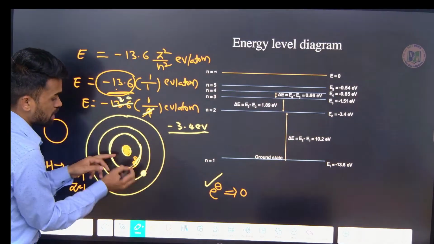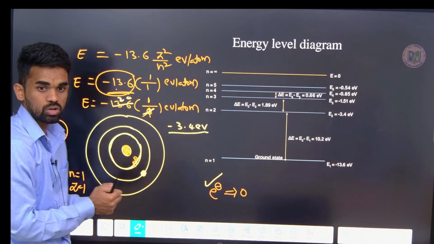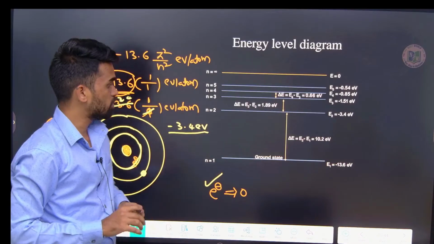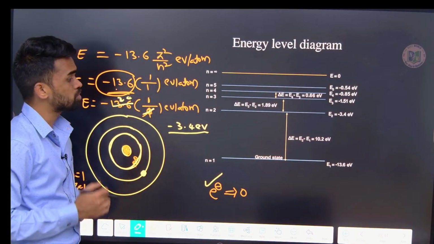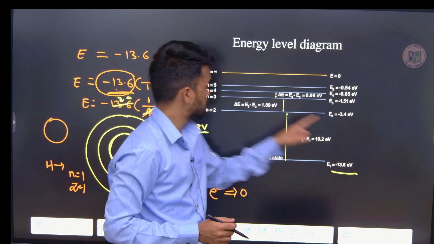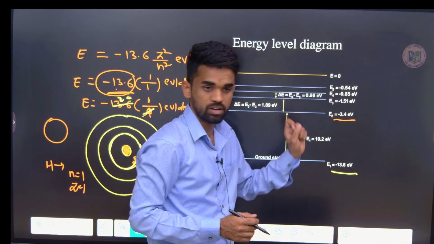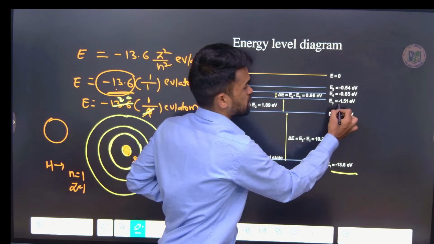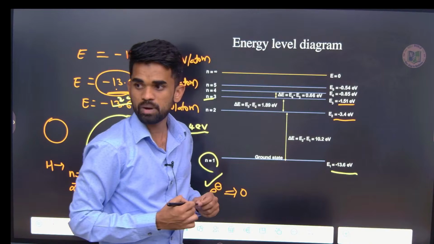So as we are moving the electron far from the nucleus, its energy increases. Now if you observe, the first state energy is minus 13.6, the second state energy is minus 3.4. As we move away, n is 3, so its energy is minus 1.51.